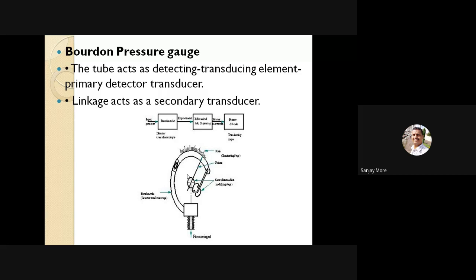See the details of the Bourdon tube pressure gauge. Here is the diagram of the Bourdon tube pressure gauge.